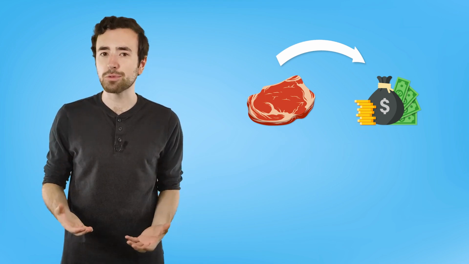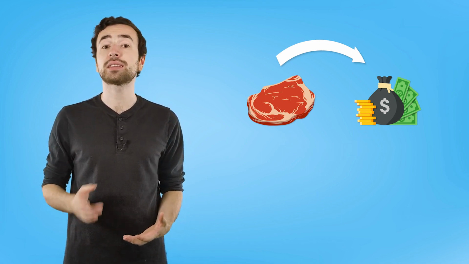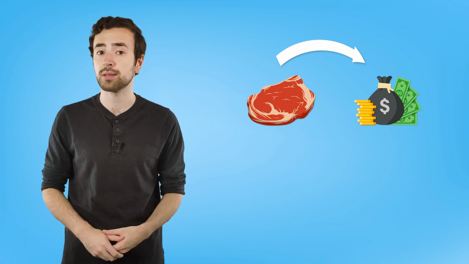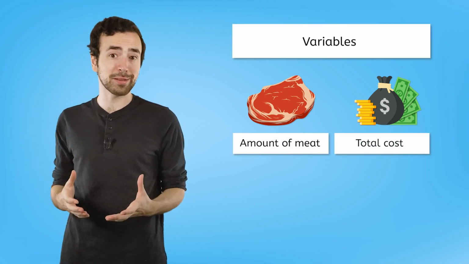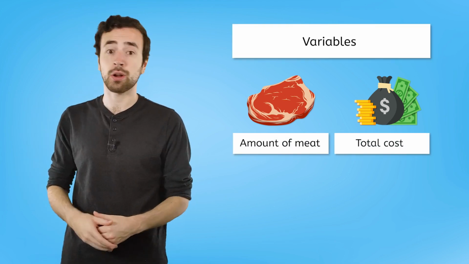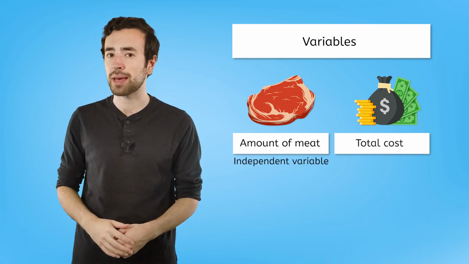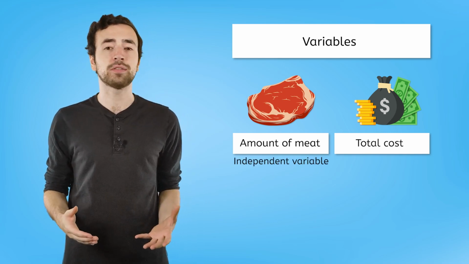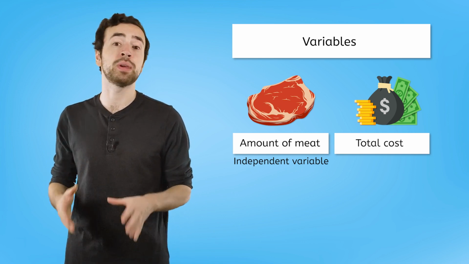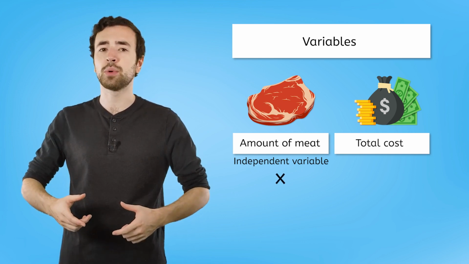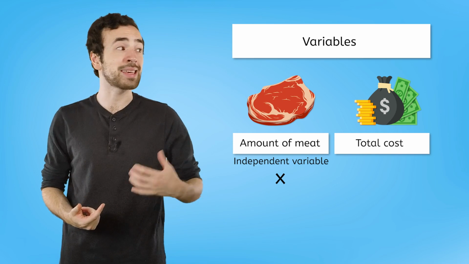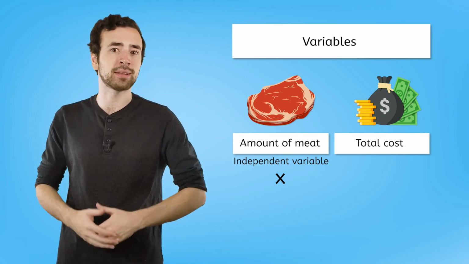Yeah, the amount of meat that Caroline buys affects how much the order costs. That's because the amount of meat is the input in this function, also known as the independent variable. The independent variable is always going to be x. The variable that's being affected is the output, or the dependent variable.